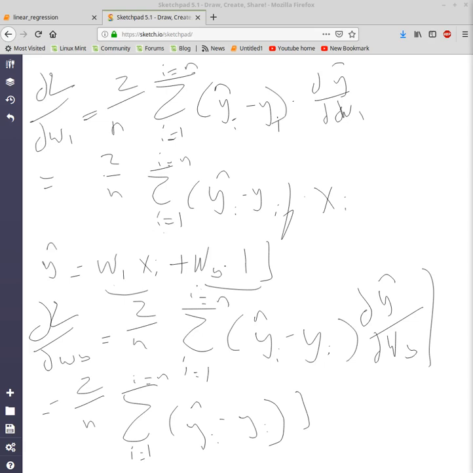Then, as we see on this graph from before, we will move W1 by some small amount in the direction that will decrease the loss, and move wb by a small amount in the direction that will decrease the loss that we calculated when we plug in numbers to this equation here at W1 equals 0 and wb equals 0.